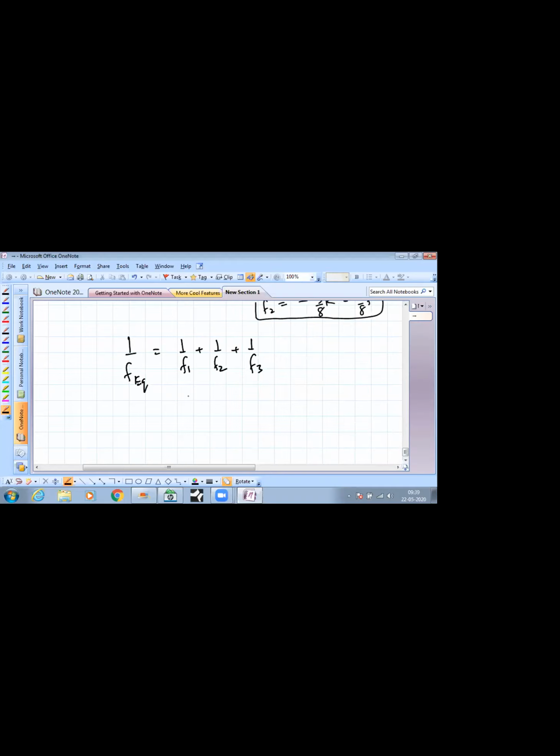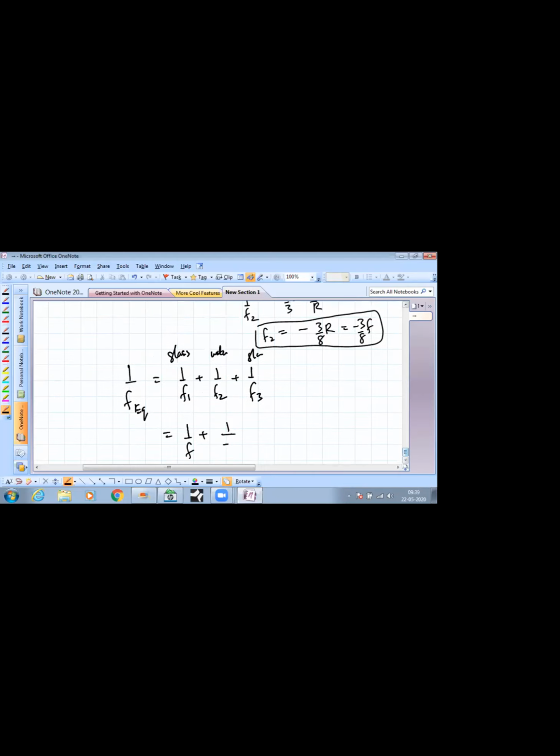So this is glass lens, water lens, again glass lens. So this will become 1 upon F plus 1 upon minus 3f by 8 plus 1 by f.